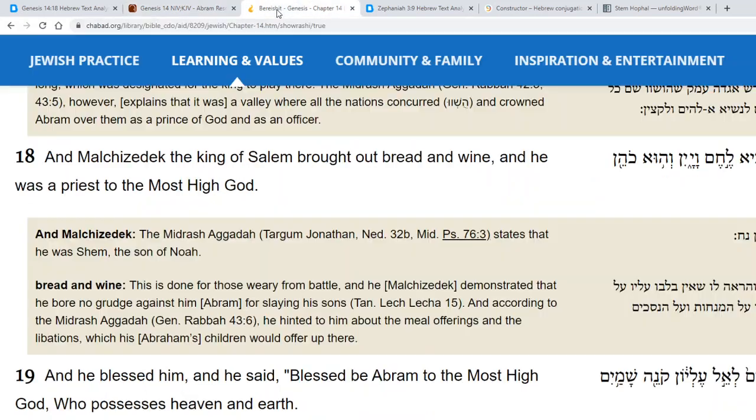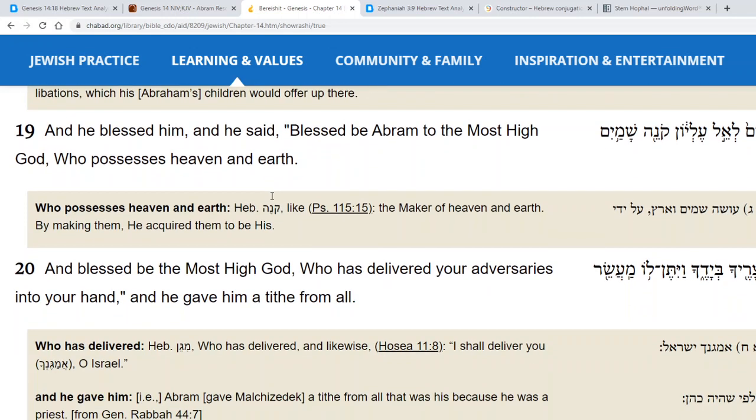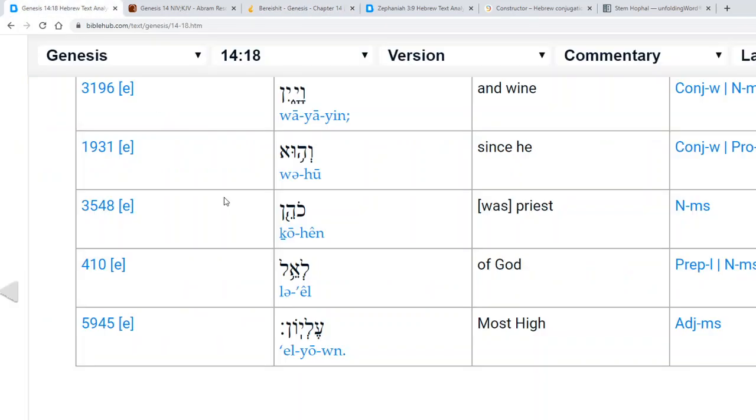And another: he was a priest to the Most High God. I would say he ministered, but that's how I would say it. And you can look at the Rashis if you want. Okay.